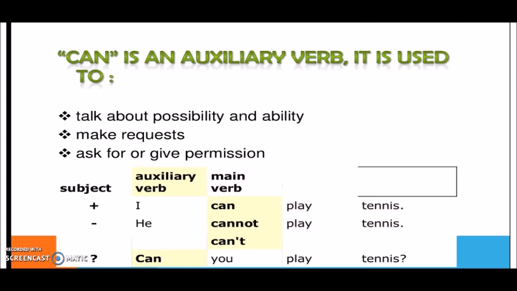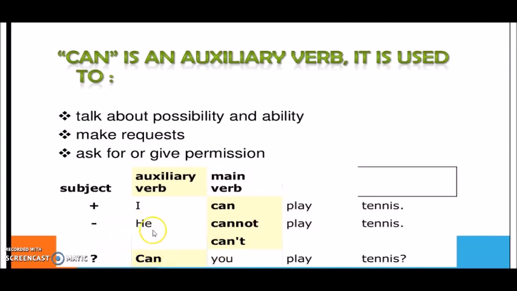Okay. The last is the question form. The question form has the auxiliary verb at the beginning. Then you have the subject. Okay, this is inversion.